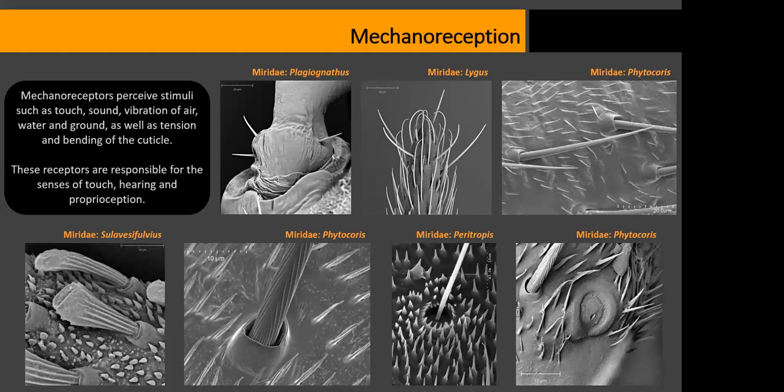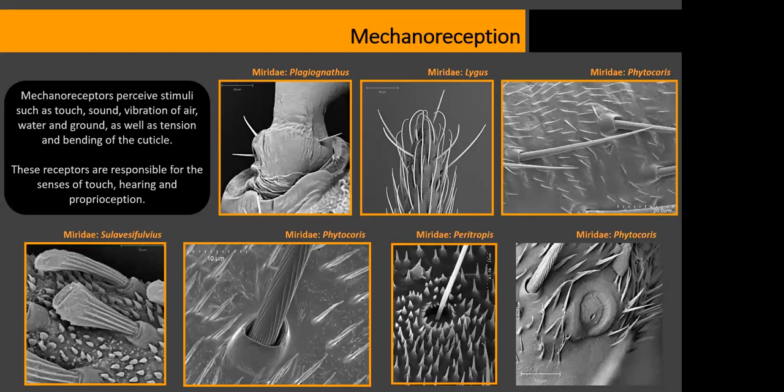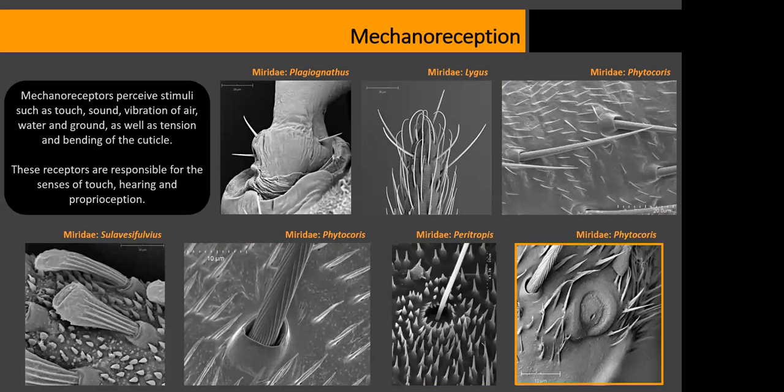Cuticular mechanoreceptors can be divided into two types: protruding hair-like sensilla with a flexible socket, and campaniform sensillum, characterized by the presence of a dome instead of an appendage. Flexible sockets allow for deflecting sensilla, which stimulates the dendrite.